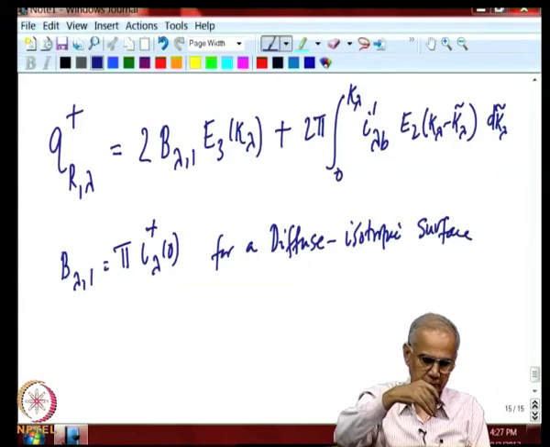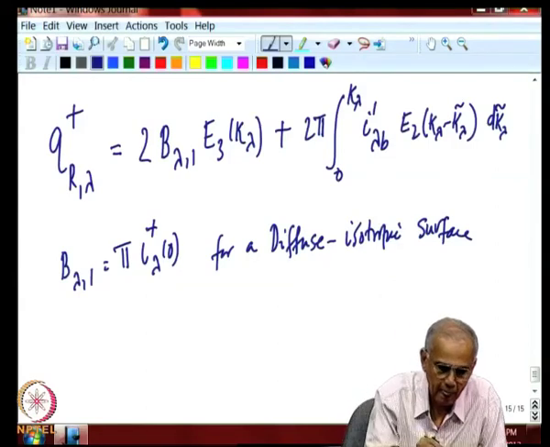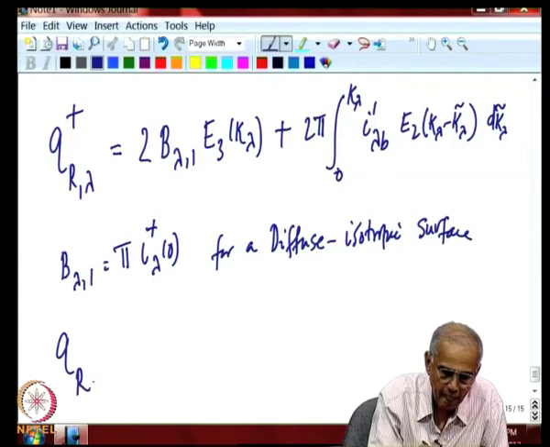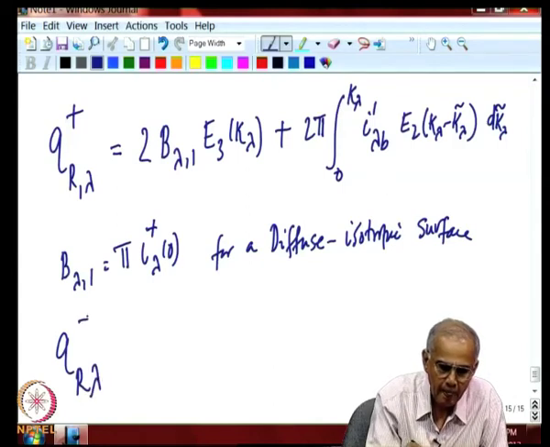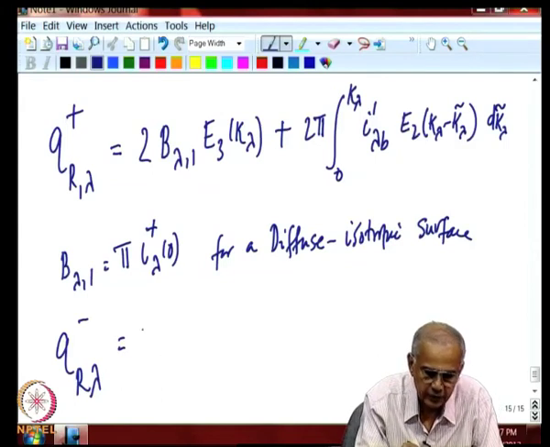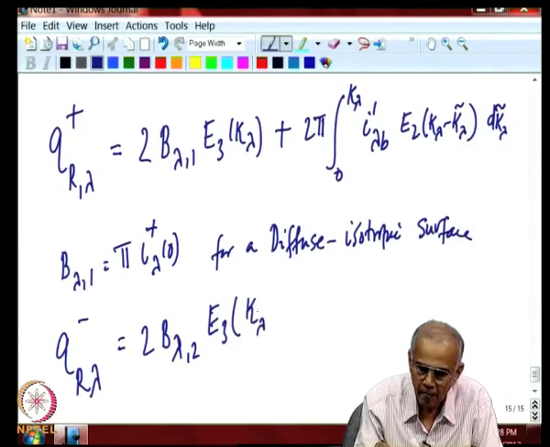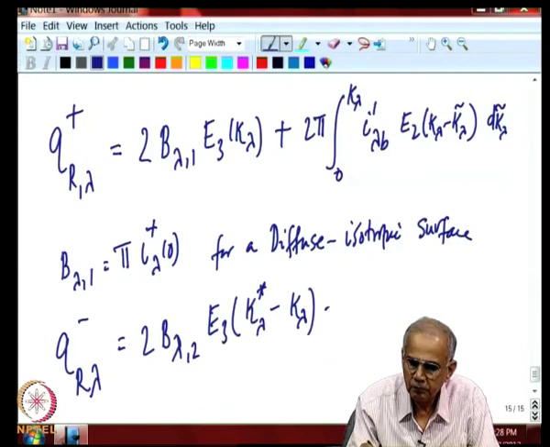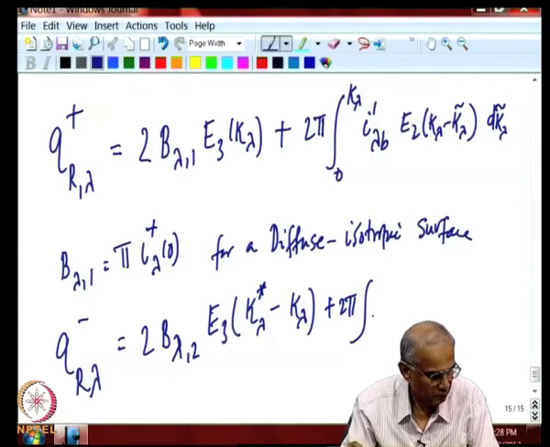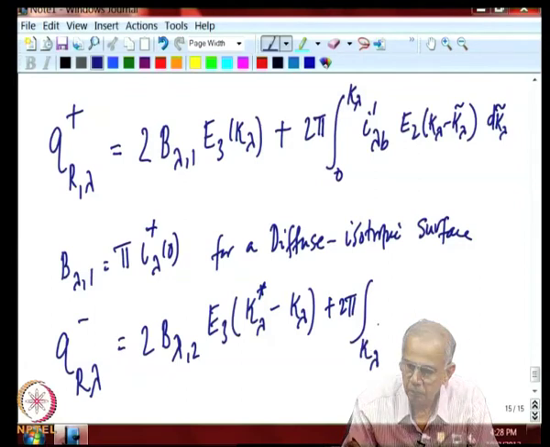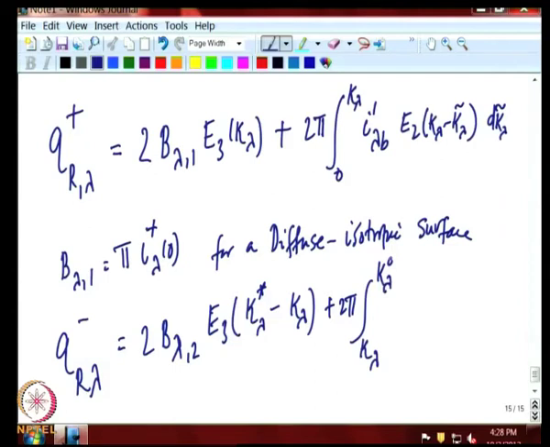Then you come to downward coming radiation, which is coming at the top. This will have the radiation from the top surface times the distance is the highest optical depth, K lambda 0.